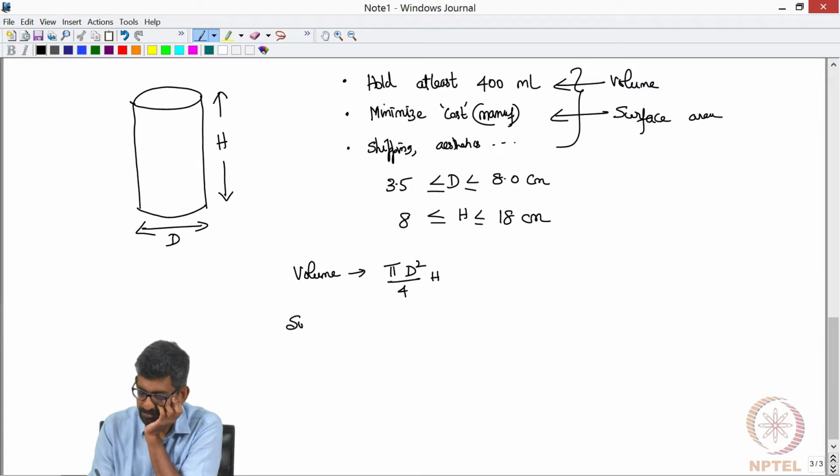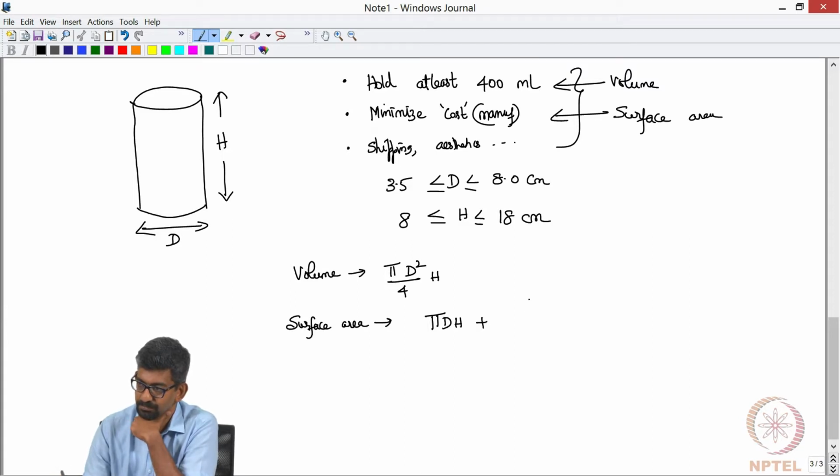Then what about your surface area? Pi d h plus 2 pi d squared by 4, which is pi d squared by 2. Do you know how this came?